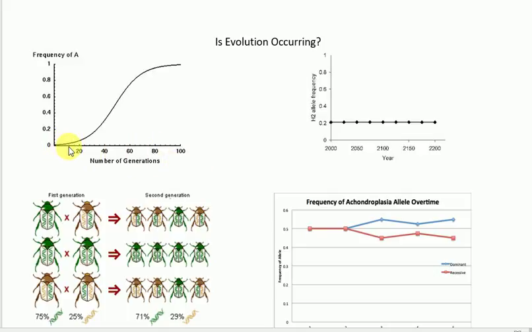So if you look here at this generation, and you look here at this generation, then we can say, yes, evolution has occurred because that frequency has changed. Here, if we start at 2000 and we're at 0.2 and you look across the board, nothing has changed. So here, no, evolution did not occur.